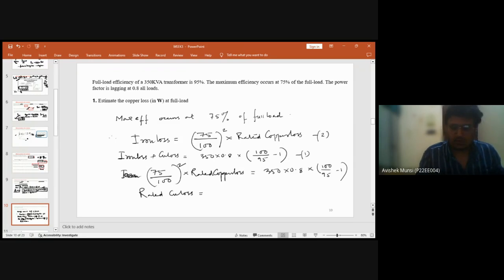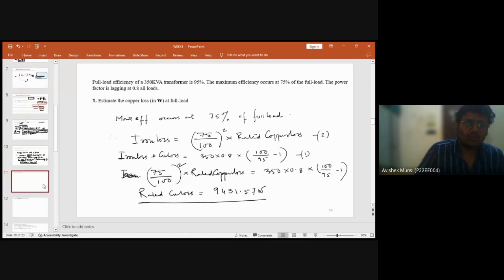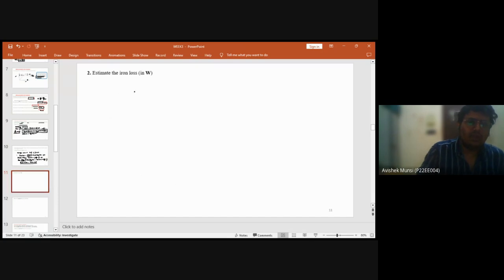So we calculated the copper loss as 9431.571.